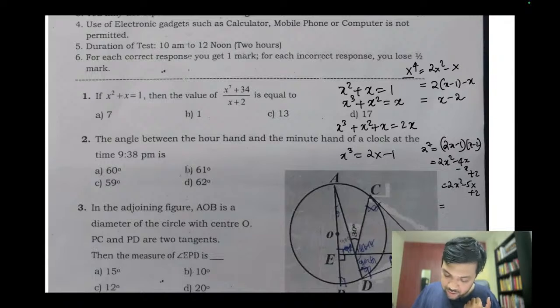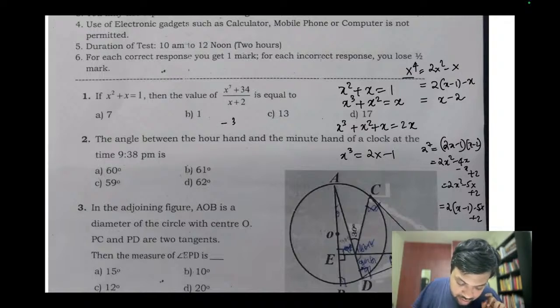And now you can again simplify: 2 into x square is again x minus 1, minus 5x plus 2. 2x minus 5x is minus 3x, minus 2 plus 2, which cancels. So I seem to be getting minus 3x. Okay, I hope that's correct. I'm prone to making calculation mistakes. So if you get minus 3x, what is minus 3x by x plus 2?